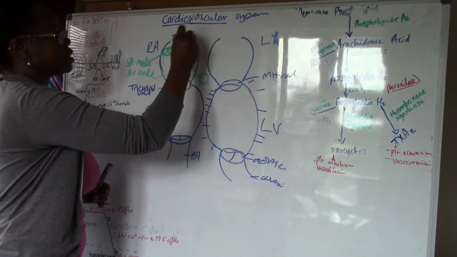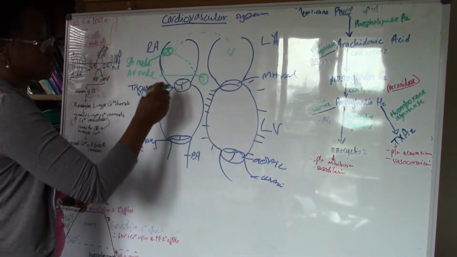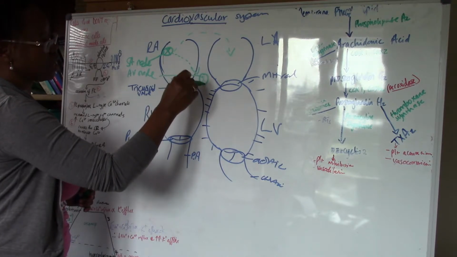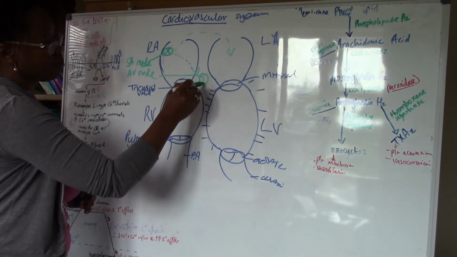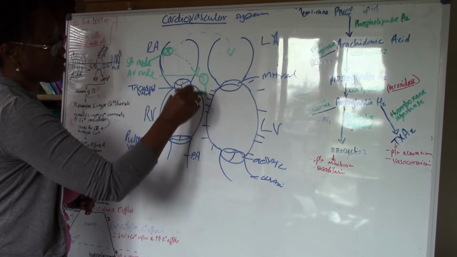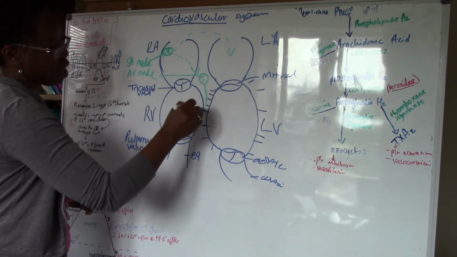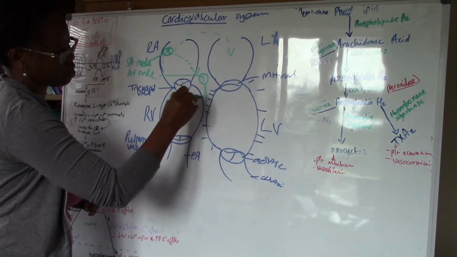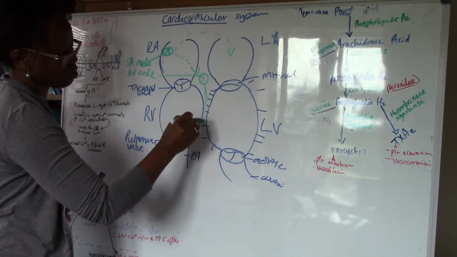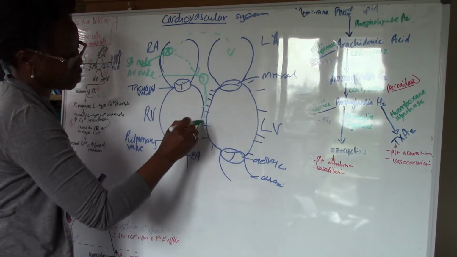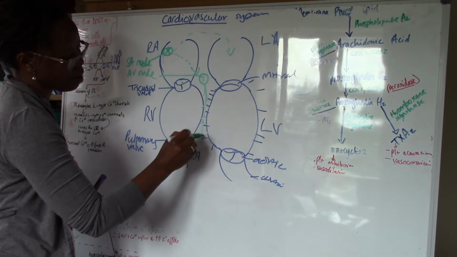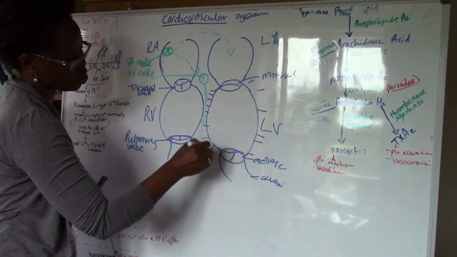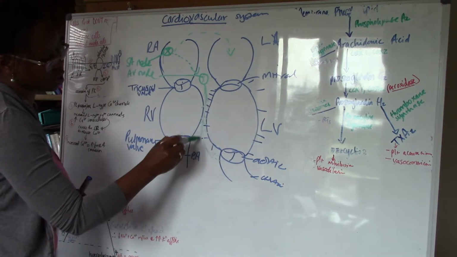And when the impulse is generated, it travels down to the AV node, and from the AV node it travels into the bundle of His, down the septum. The bundle of His gives off a few fibers, which are called Purkinje fibers. The left ones go on to depolarize the left ventricle.